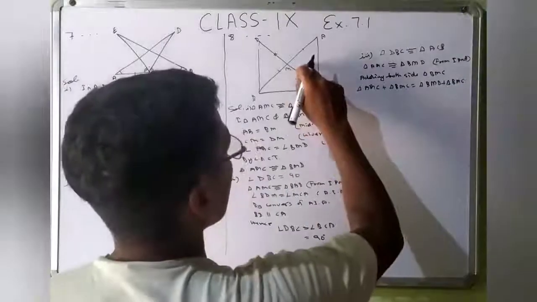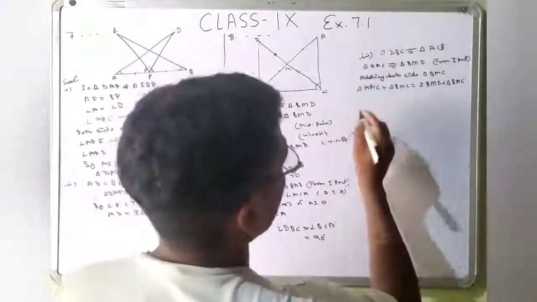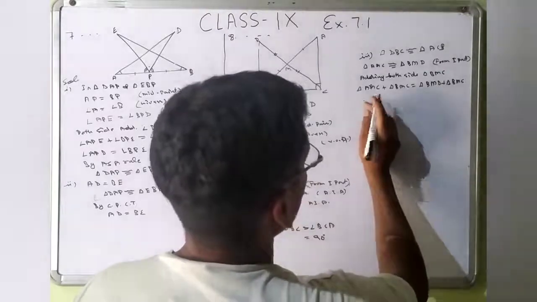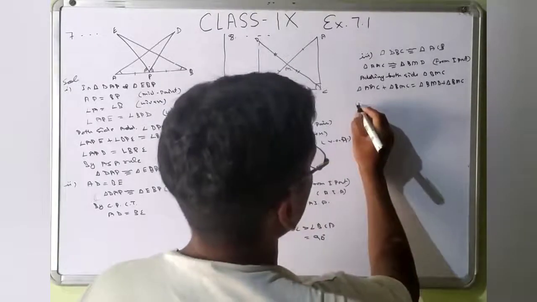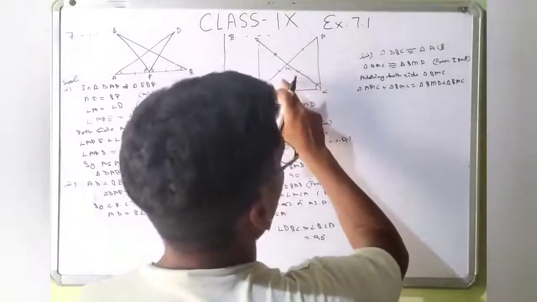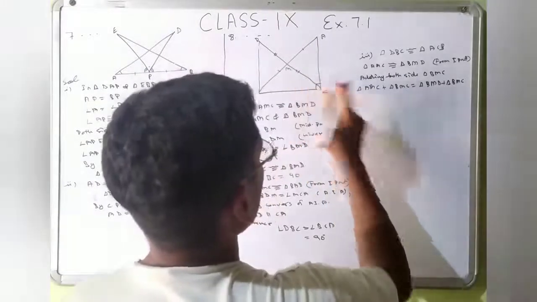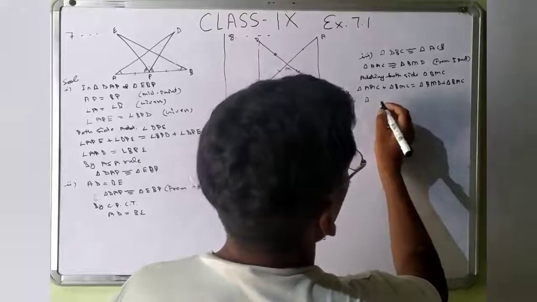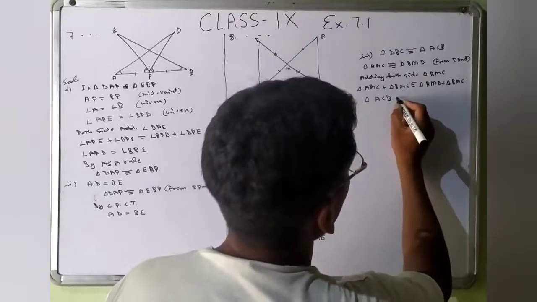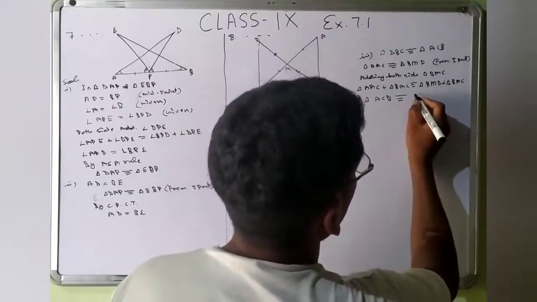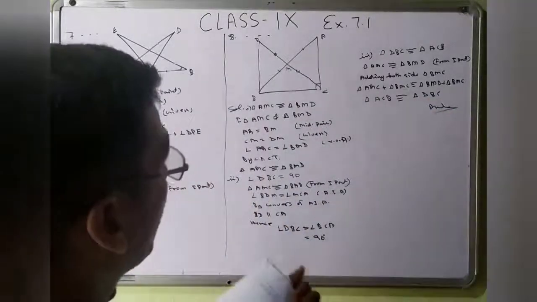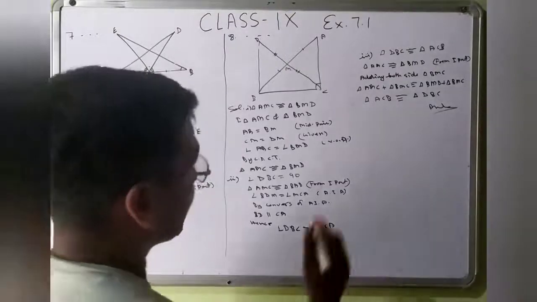If we add these two triangles, then that will be ABC. So triangle ACB congruent triangle DBC, proved.